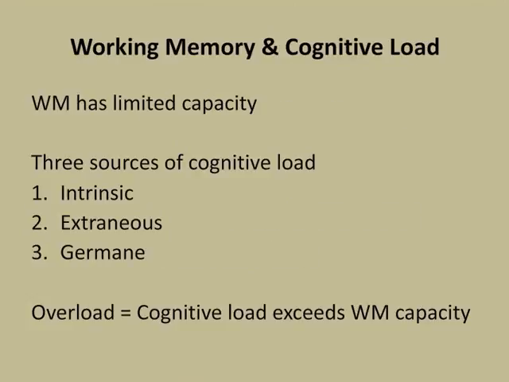To summarize briefly, our working memory has limited capacity, which means that we can only think about a few pieces of information at one time. In any learning situation, there are three sources of cognitive load making demands on our working memory. Intrinsic load is the processing we do to attend to and engage in basic learning of the material.